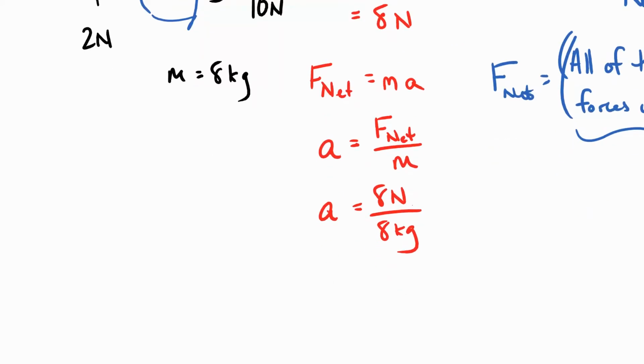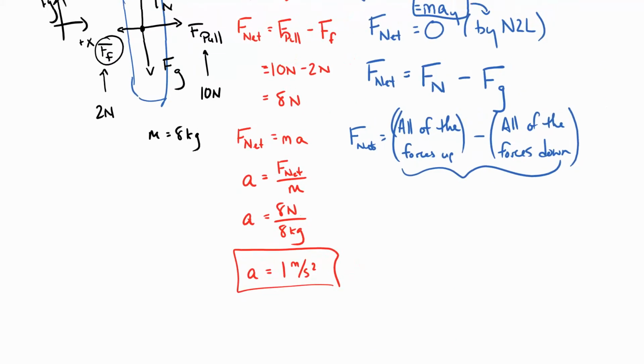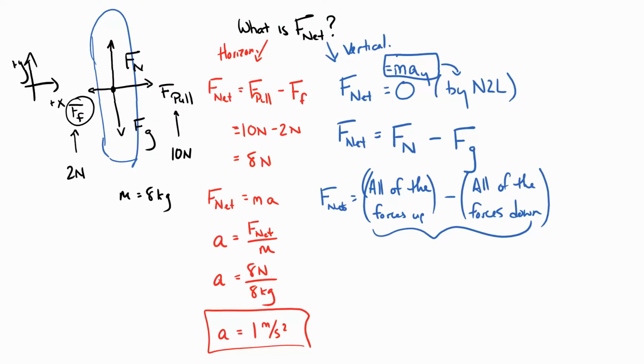Should be obvious now how I picked my numbers. That is 1 meter per second squared. Remember, a newton is a kilogram meter per second squared. So if I divide by a kilogram, kilogram on the top, kilogram on the bottom, kilogram over kilogram is 1. This is in general how these problems will play out.